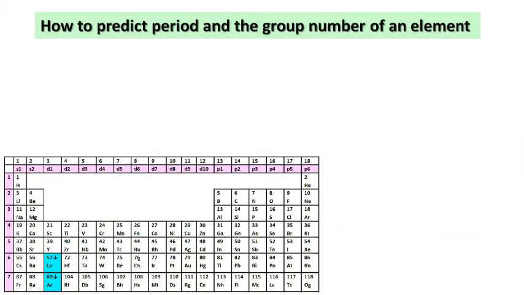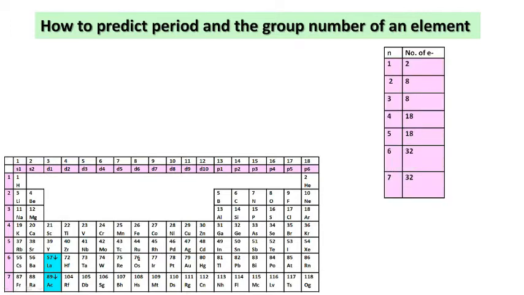Let's start. Now we will discuss how to predict the period and group number of an element. For this you have to remember these numbers: 2, 8, 8, 18, 18, 32, 32. We have already discussed these numbers in our previous lecture, and these are the period numbers or the principal quantum number.